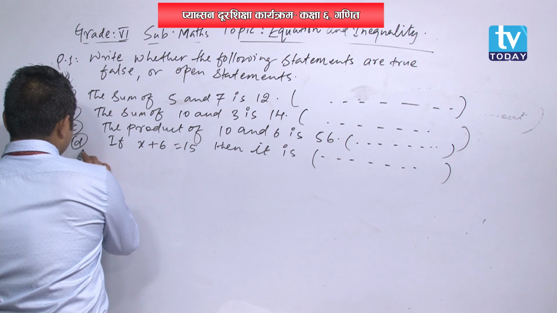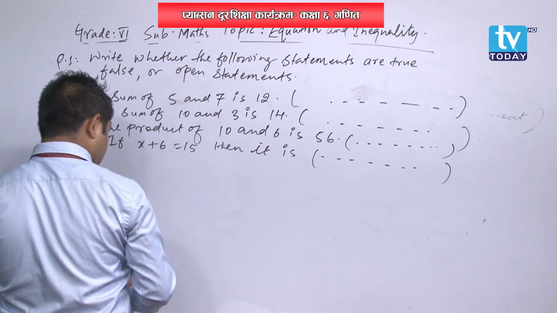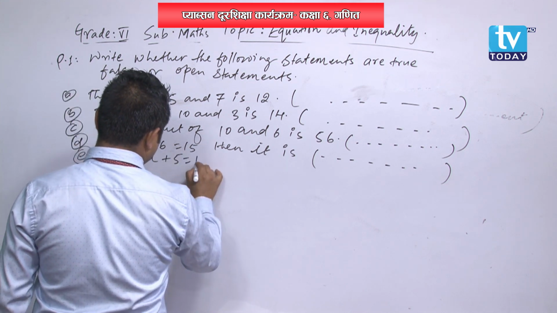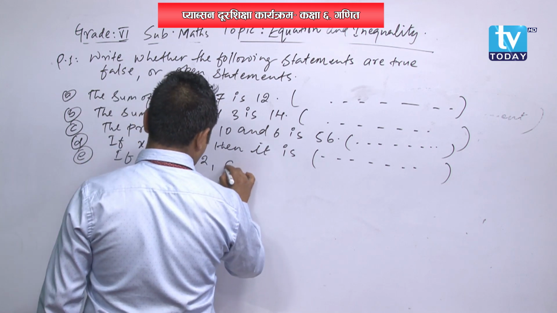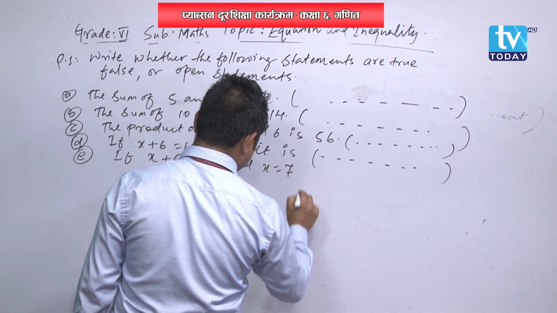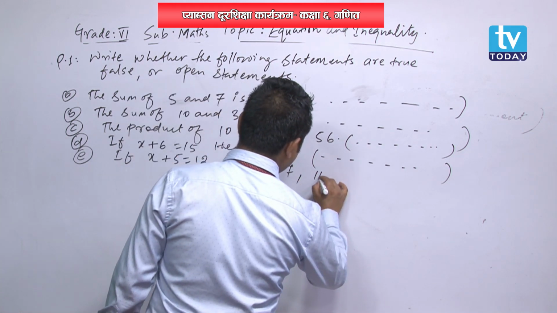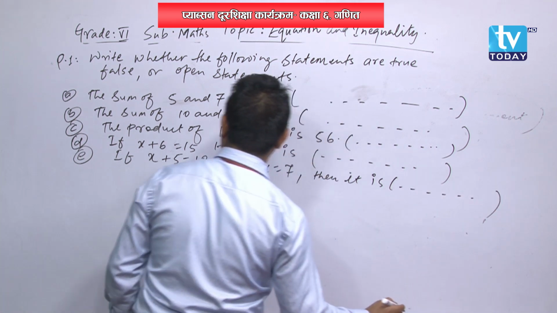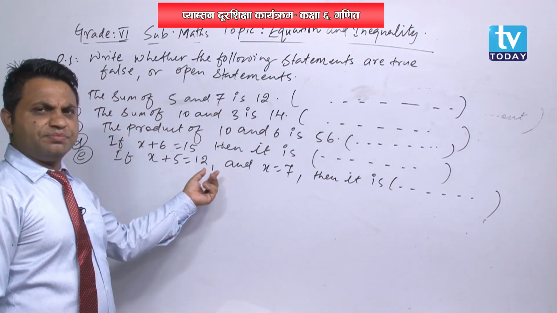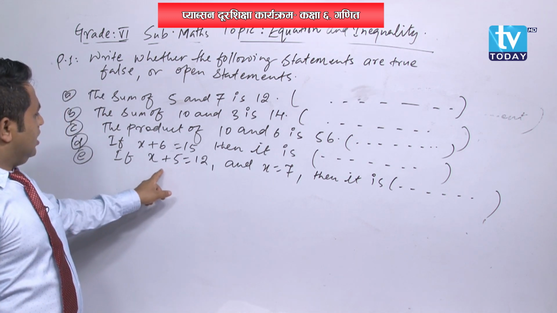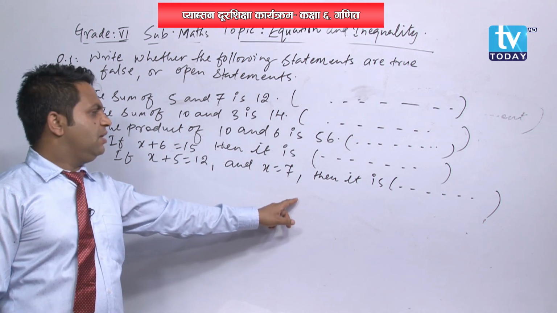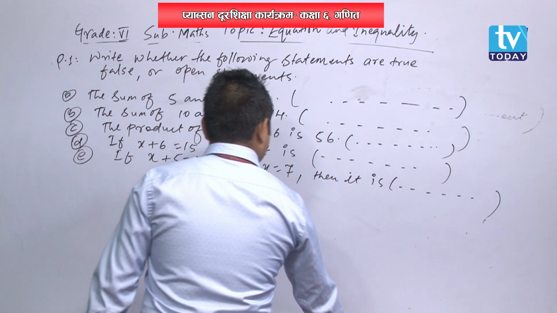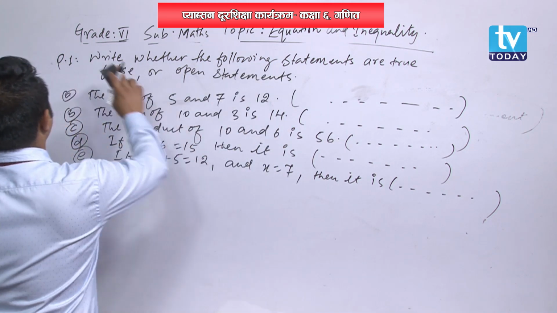Now number E, if x plus 5 equals 12 and x equals 7, then it is dash statement. What kind of statement is this? Please check this last question yourself.